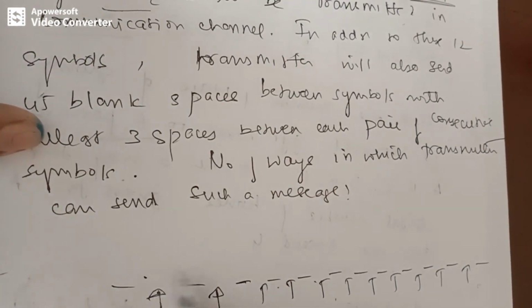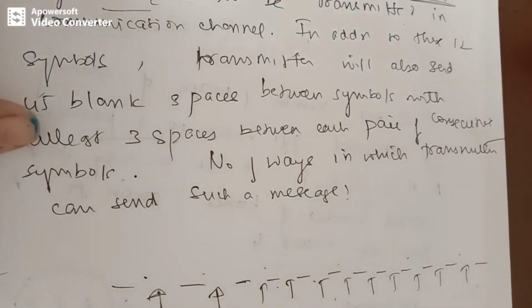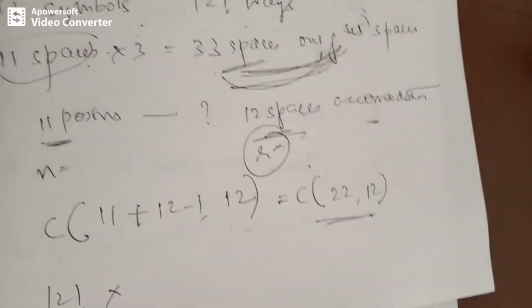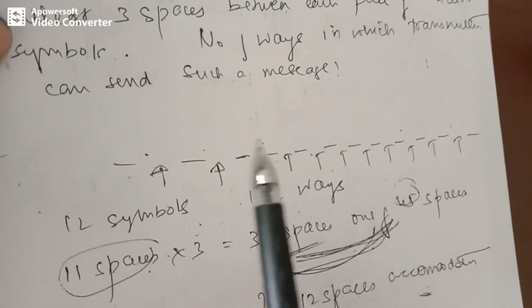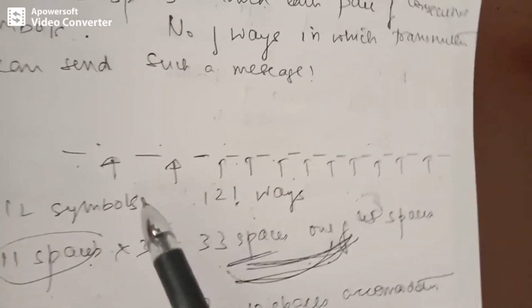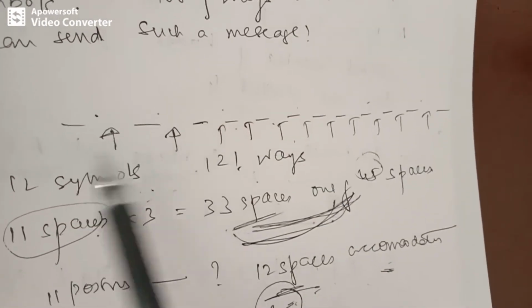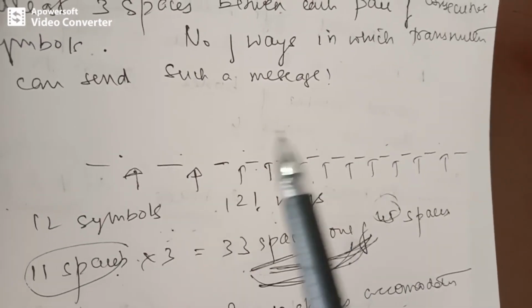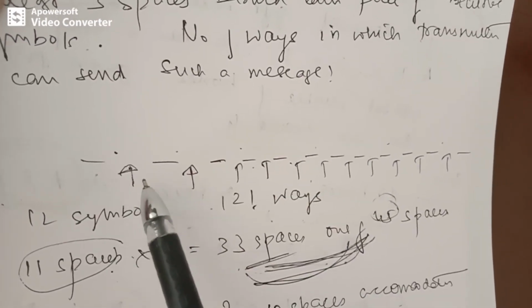So overall, to find out how the transmitter can send the message: one is the arrangement of the 12 symbols in 12 factorial ways, and in addition it will send 45 blank spaces between the symbols. Only 11 spaces are there between these 12 symbols, and each should have at least 3 spaces.